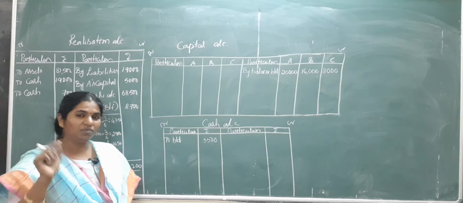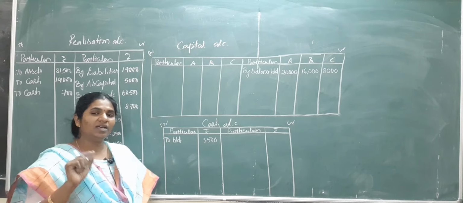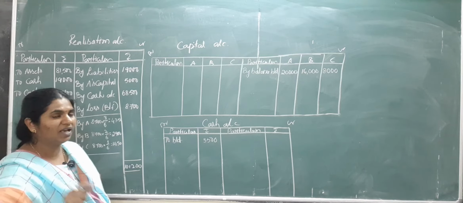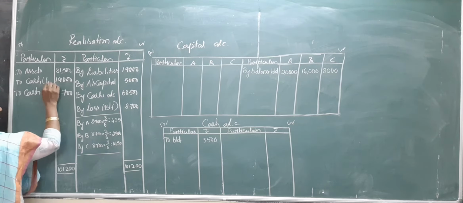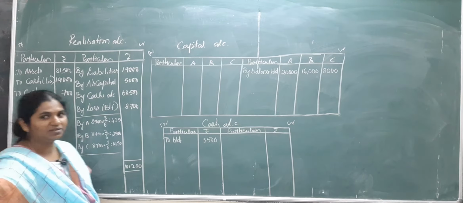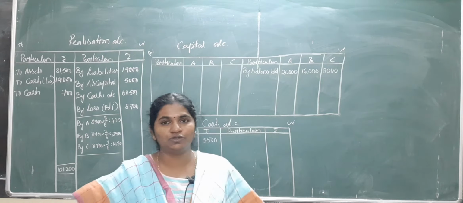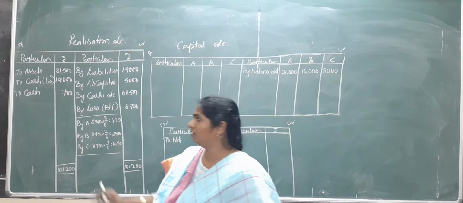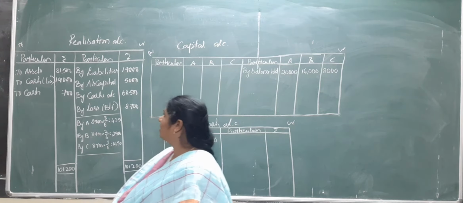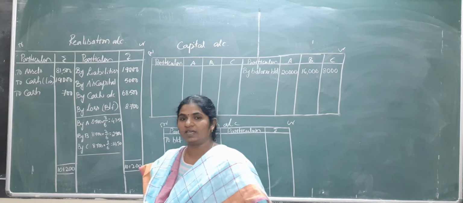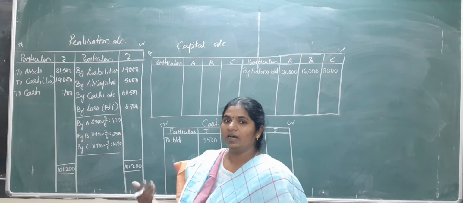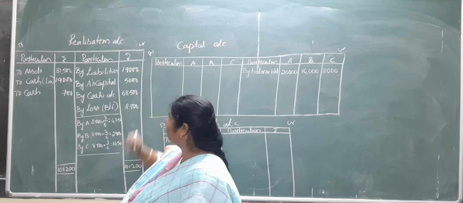The journal entry we have written is realization account to cash account 19,000. When you are writing this, write it for liabilities: to cash account in realization, 19,000.